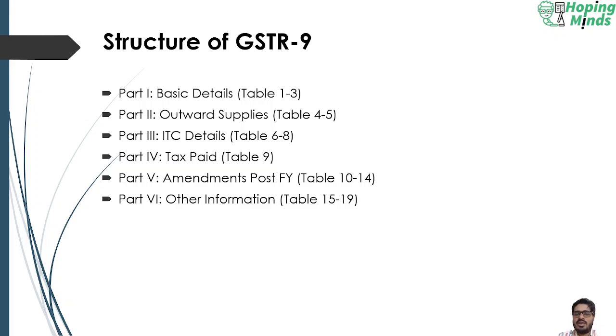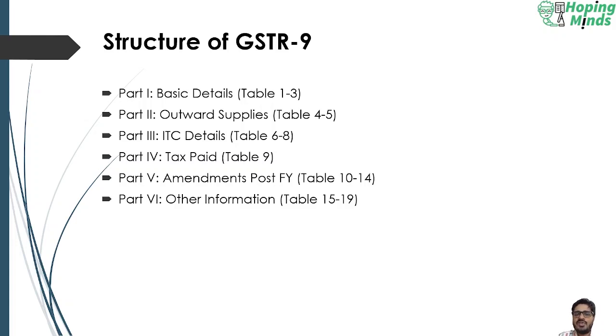Also ITC reconciliation with GSTR 2A and 2B is captured in table 6 to 8. Then in part 4, that is taxes paid, table 9 contains the details of taxes paid during the financial year. Tax liability and payment summary of relevant year is captured from GSTR 3B.